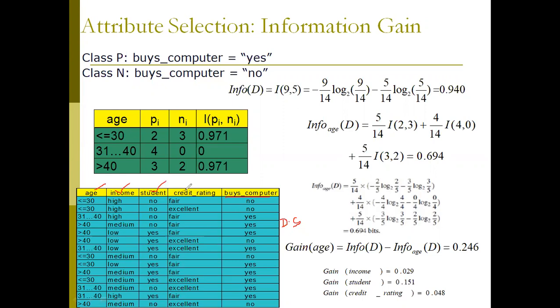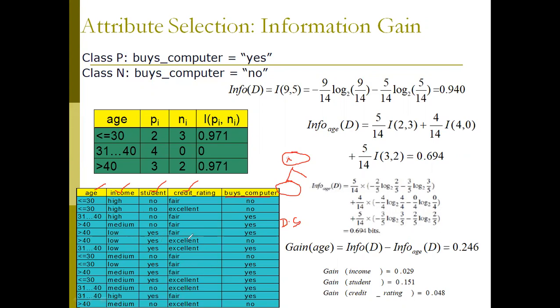Now this concept is about selection of the attribute that we take as the root node among these four attributes: age, income, student, or credit rating. Suppose this is the income attribute. What is the second node you are going to choose from here?